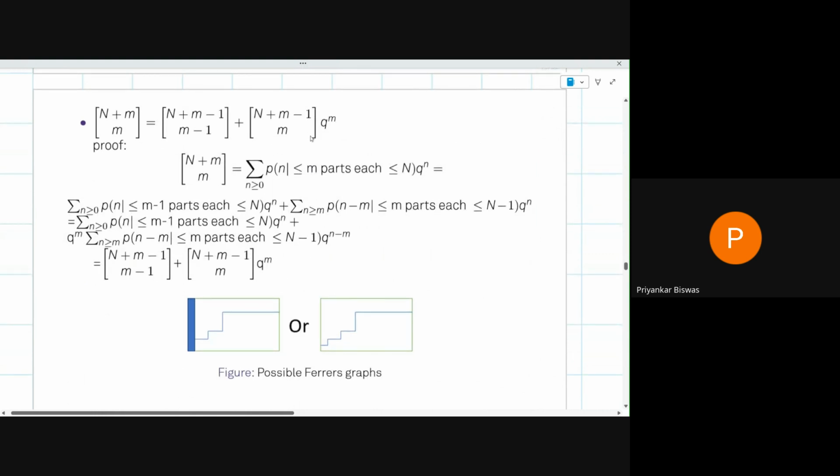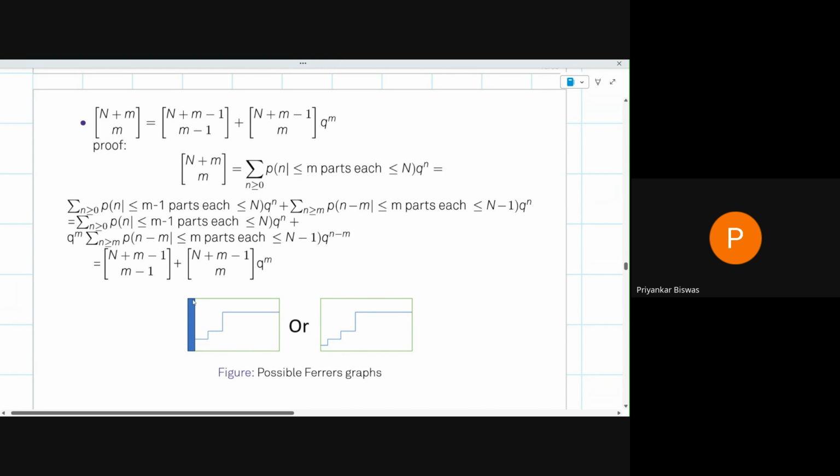This comes from writing n plus m choose m by the definition, and breaking all types of partitions of n given less than or equal to m parts, each less than or equal to capital N, like this. Here the first column is complete and here the first column is not complete.